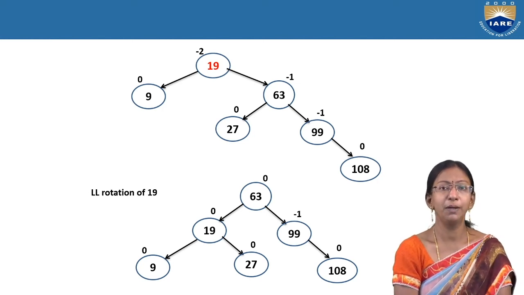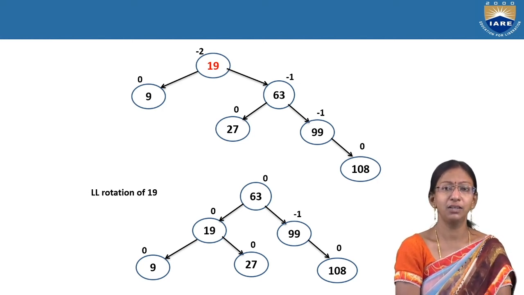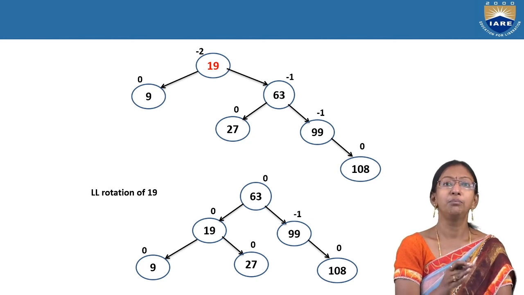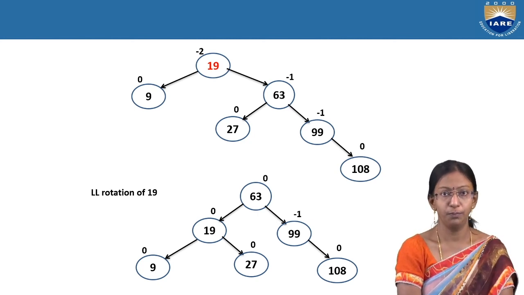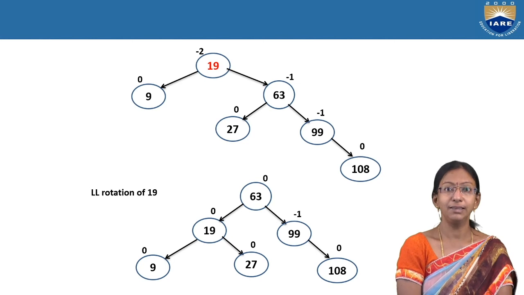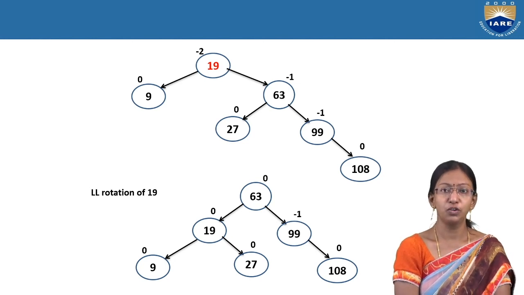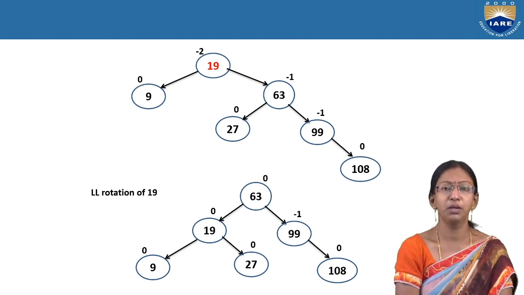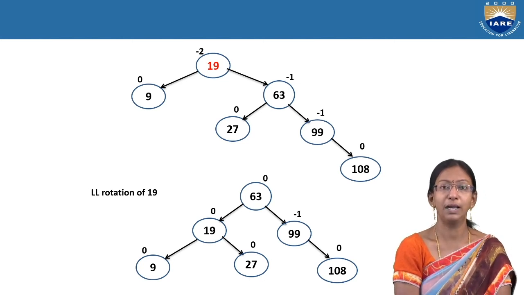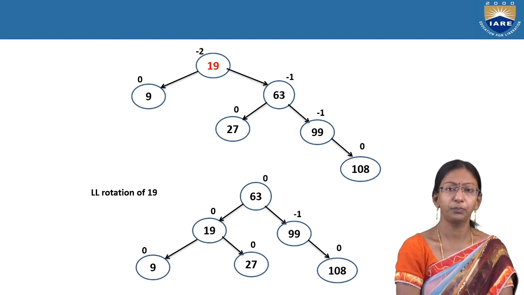Remember, a balanced binary search tree is a binary search tree first of all. We are balancing the heights to reduce the wastage of memory when we store it in our main memory.